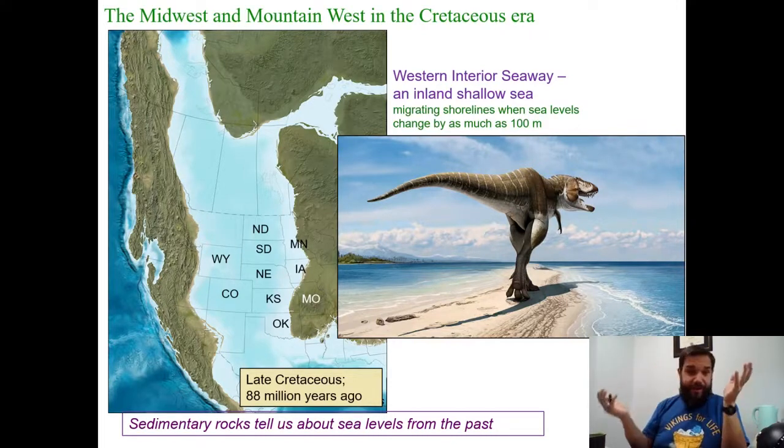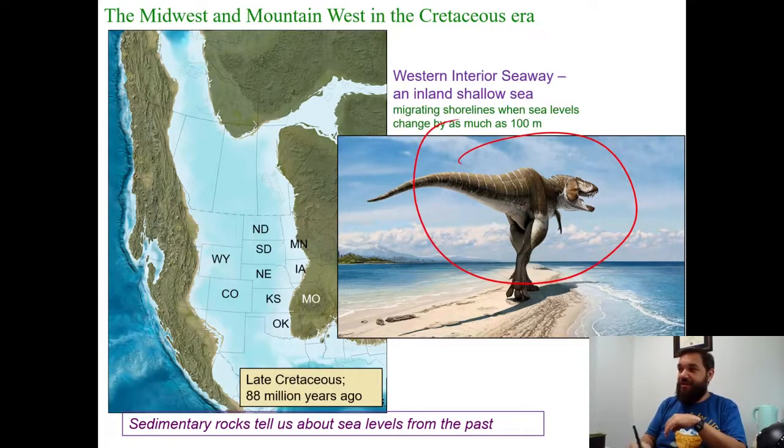So, for example, during the late Cretaceous, during the age of the dinosaurs, there was a vast inland sea covering a lot of North America called the Sundance Sea and the Interior Cretaceous Seaway. There are two different seas that existed at two different times. So it shows you that sea levels have changed.